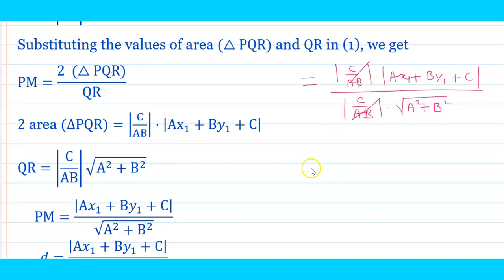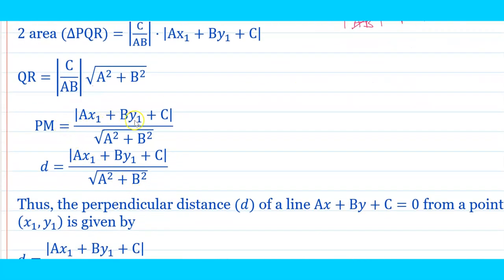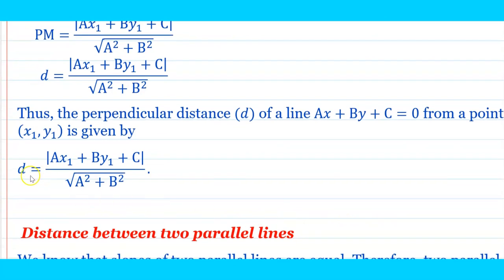These two terms get cancelled, and therefore the PM distance is equals to Ax1 plus By1 plus C upon in root of A square plus B square, and hence the distance of that point P(x1, y1) from the line Ax plus By plus C is equals to 0 is in mod of Ax1 plus By1 plus C upon in root of coefficient of x square plus coefficient of y square, that is A square plus B square.